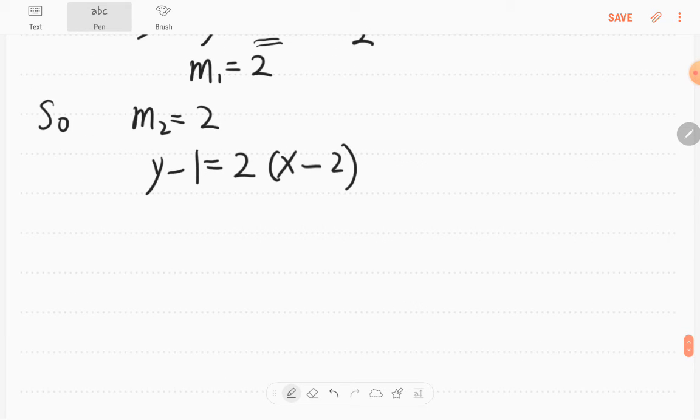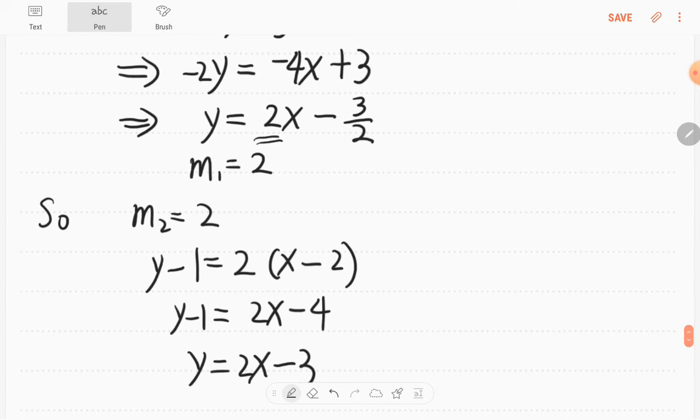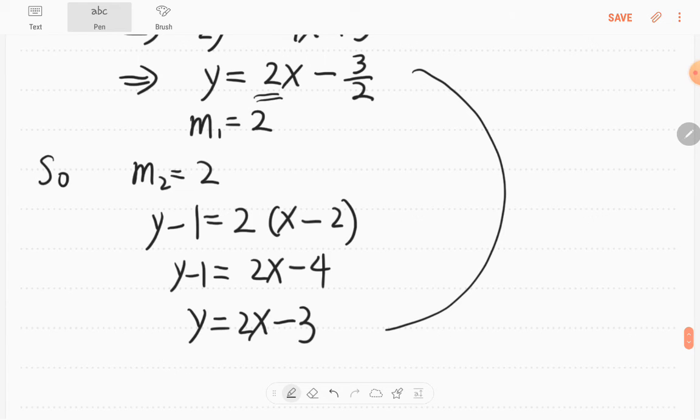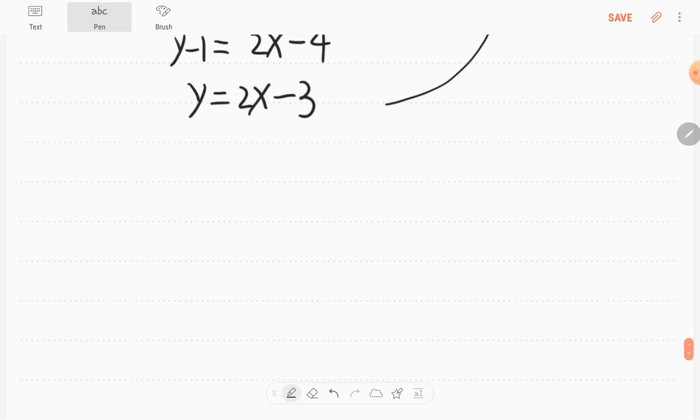The question asks you to find the slope-intercept form. So y minus 1 equals 2x minus 4, so y equals 2x minus 3. You can see these two lines are parallel, right? Because they have the same slope. But the y-intercepts are different, so they are different lines, but parallel to each other.